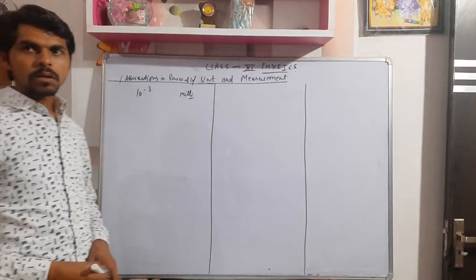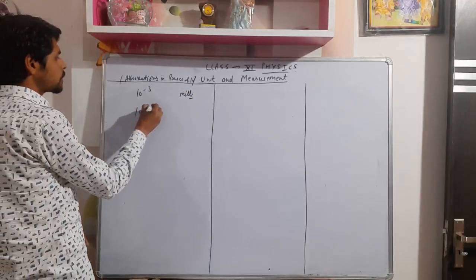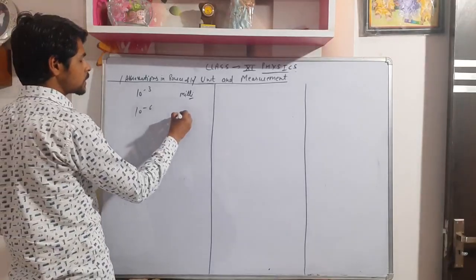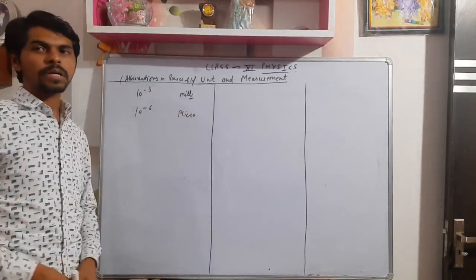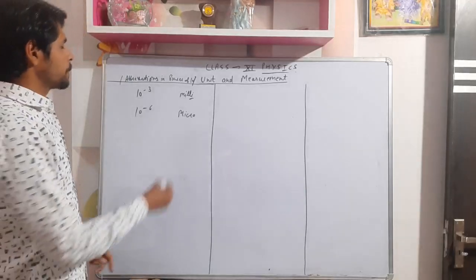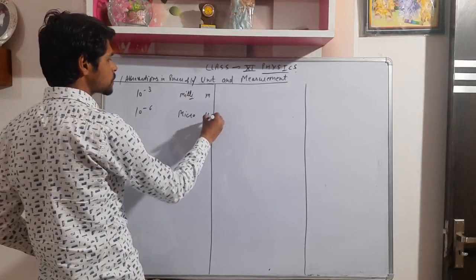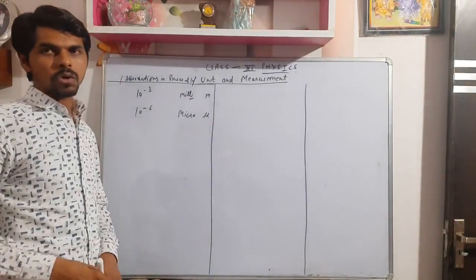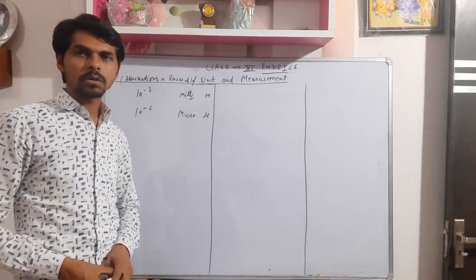And if 10 to the power minus 6 is given, that is micro. Milli is represented by the symbol m, micro is represented by the symbol mu. The symbol in the shape of U is called mu.